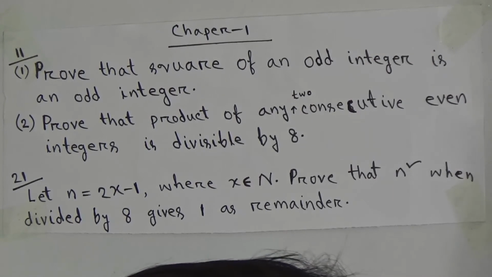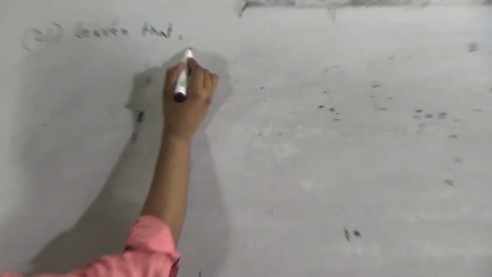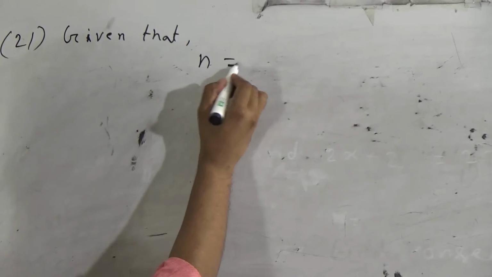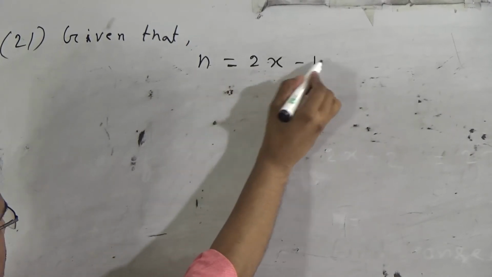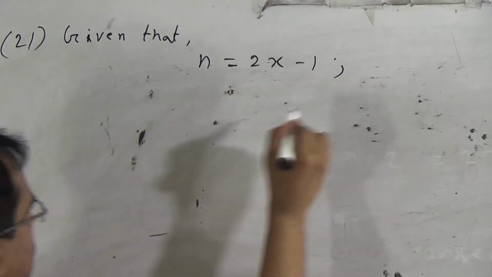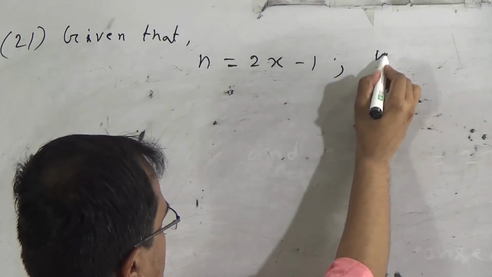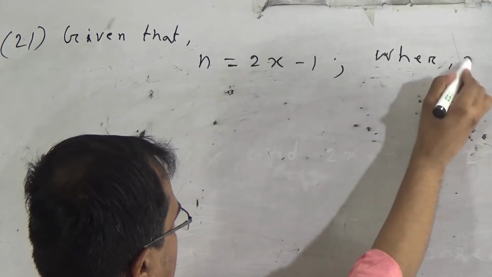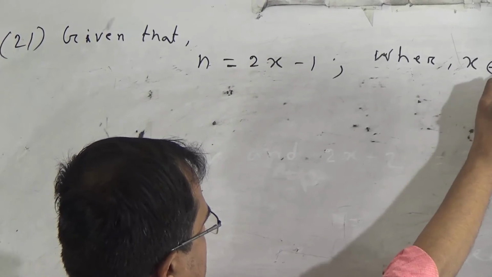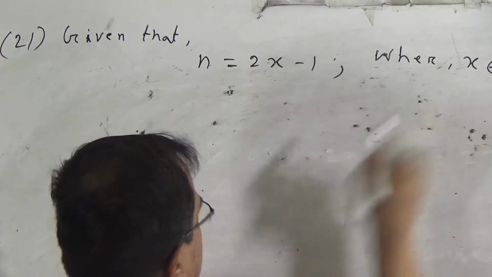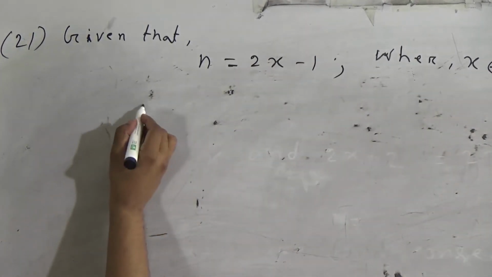Given that n equal to 2x minus 1, where x belongs to the set of natural numbers.